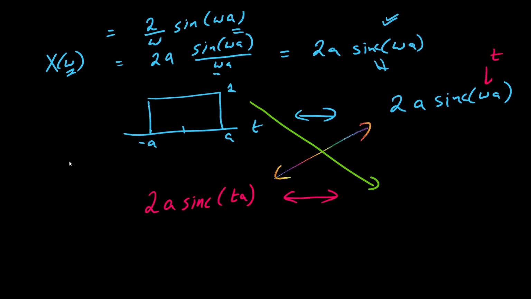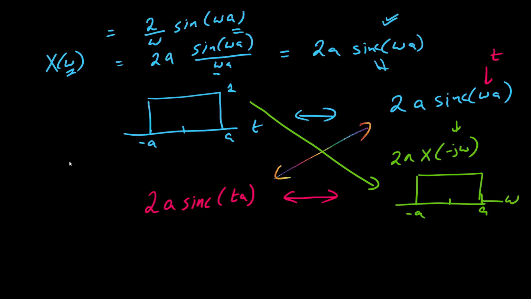That is, we would have 2 pi times x of minus omega. So this signal would be flipped from minus, but since it is from minus a to a, it is unchanged; the minus and plus would not affect this signal. So we have the net function in the frequency now, and from this 2 pi, this now has an amplitude of 2 pi.